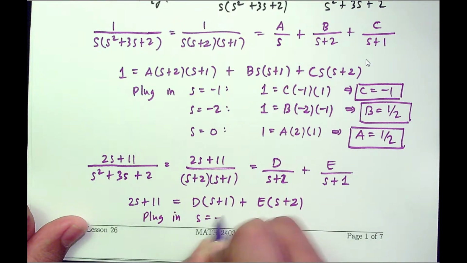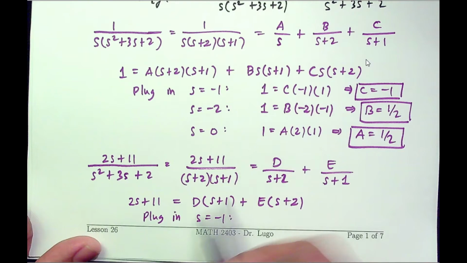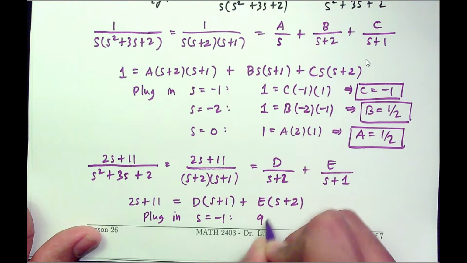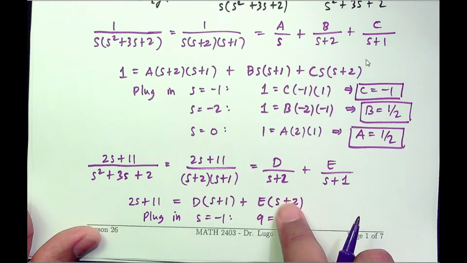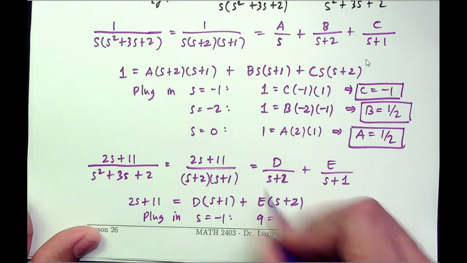let's plug in s equals -1. If you plug in s equals -1, you end up with, what do you get here? If s equals -1, you get -2 plus 11, which is 9. And if you plug in -1 here, -1 plus 2 is 1, so you get e times 1. E times 1 is just e.